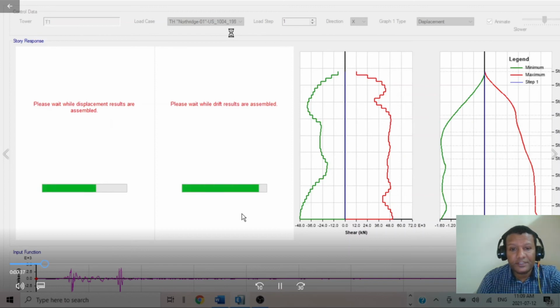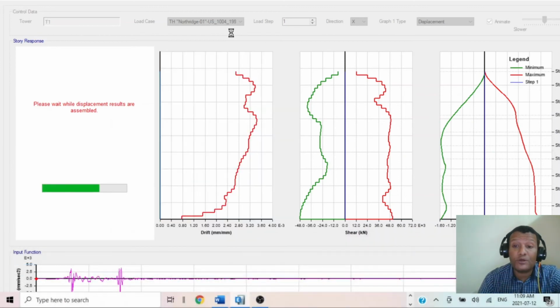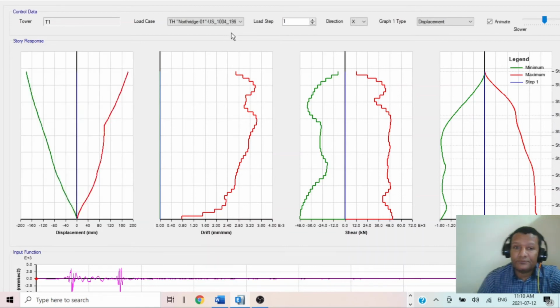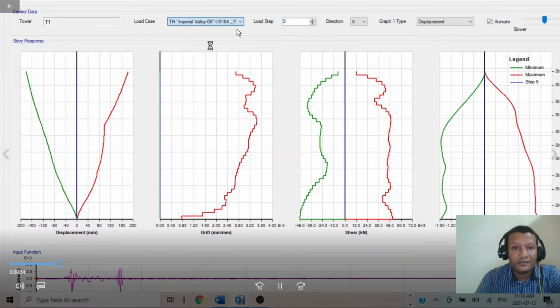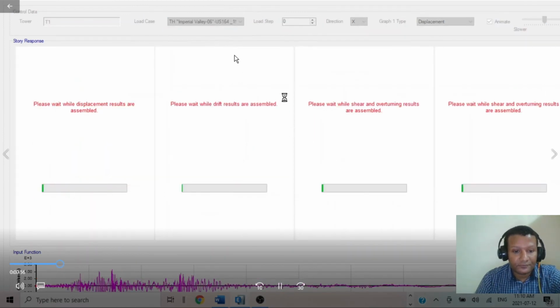But we are using the matched one, and the original one also used, but it is very huge. This is linear analysis, and we can use R factors. This is a UGD now, Imperial Valley US 164.